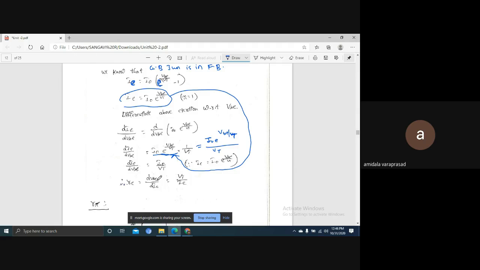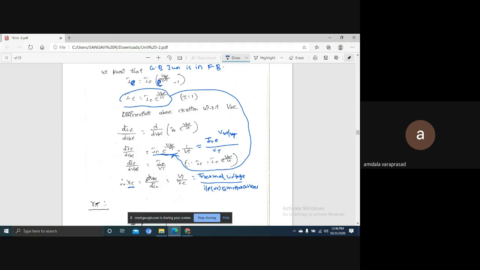Therefore, RE is equal to dVBE by dIE is equal to VT by IE. VT is the thermal voltage, please keep in mind, divided by the input current, that is the emitter current. That is what we get for RE.